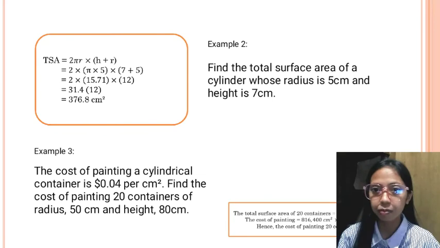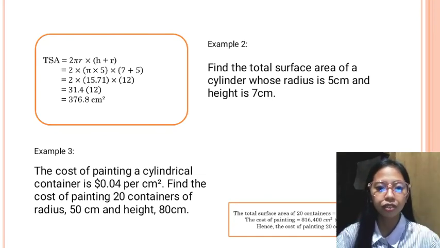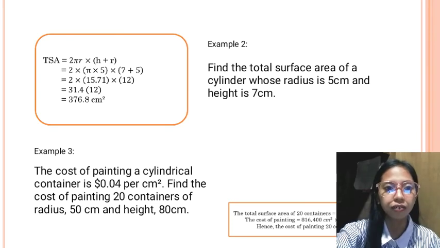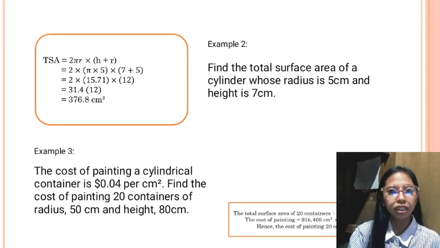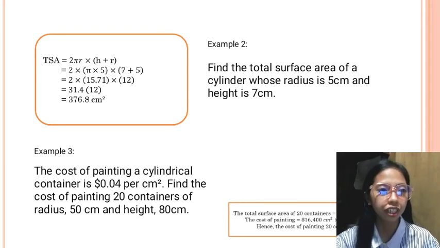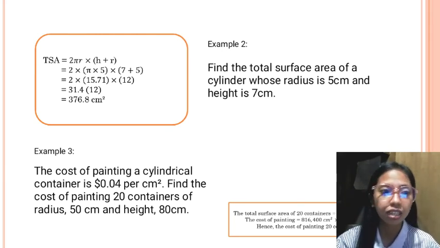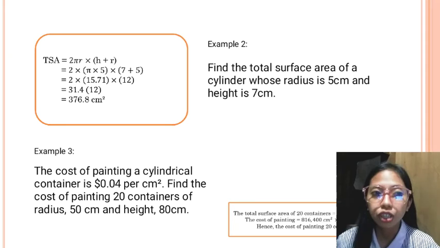So, another example, I have here another example on finding the surface area of the cylinder. The situation here is the cost of painting a cylindrical container is $0.04 per centimeter square.